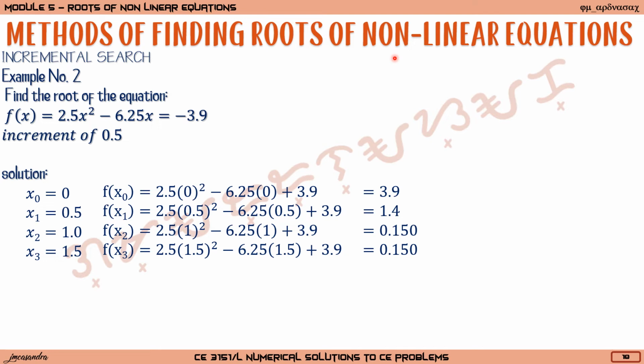So if we continue this, my values will all be positive. Okay? So there is no change in sign, and none will equal 0 in this increment.